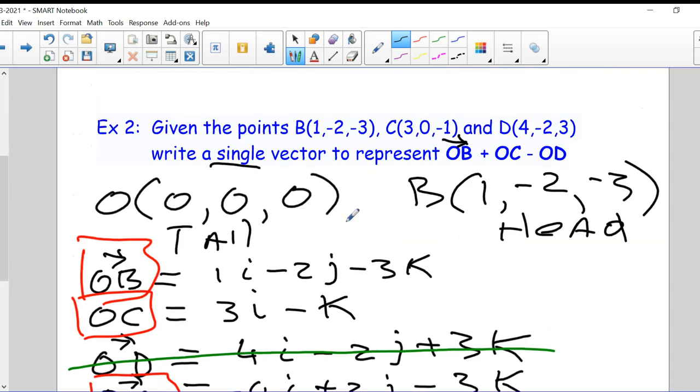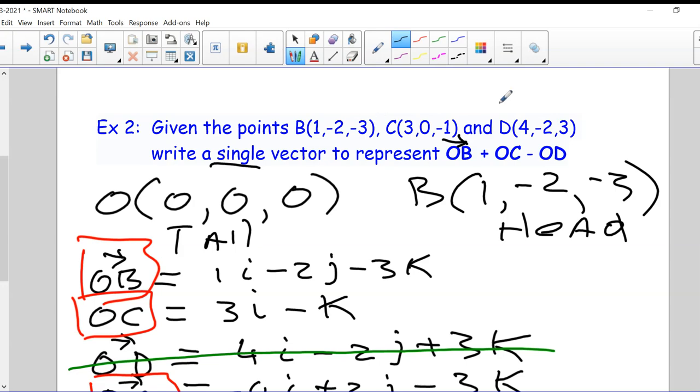All right, let me double check that. Let me see if I did everything right. So 1 plus 3, and then minus the 4 gives me 0. Minus 2 plus 2, that gives you 0 as well.